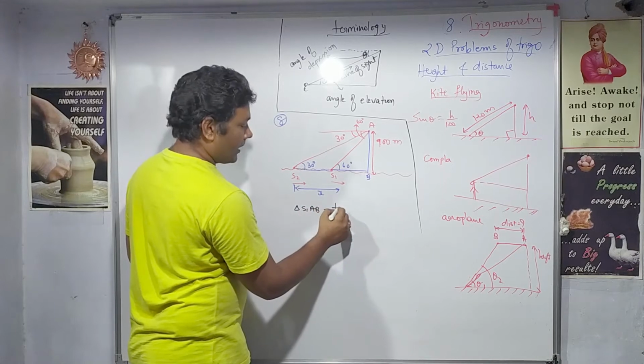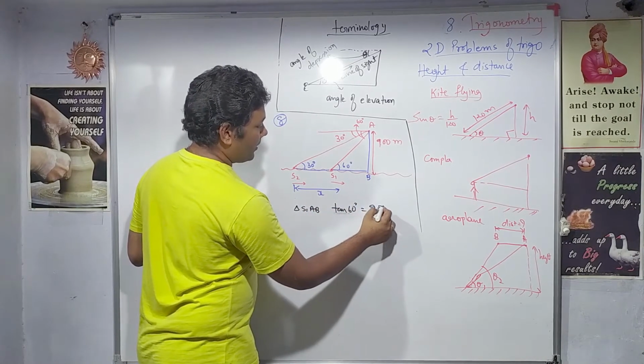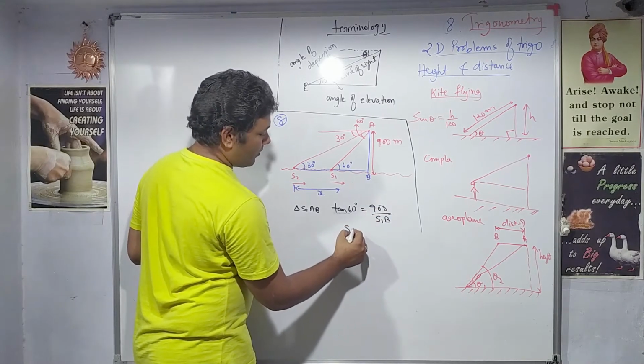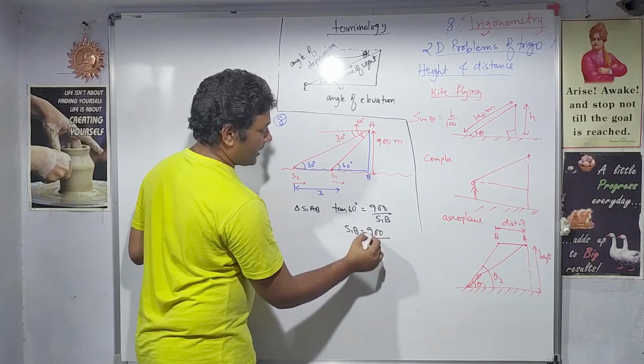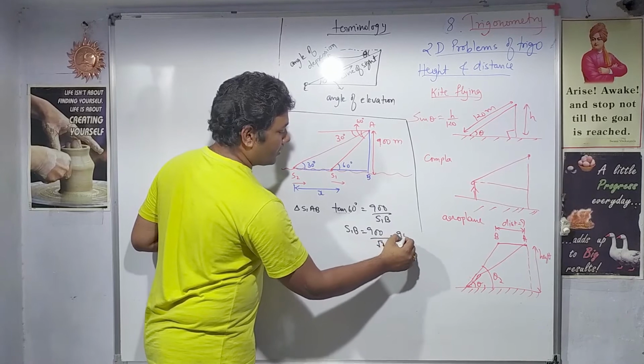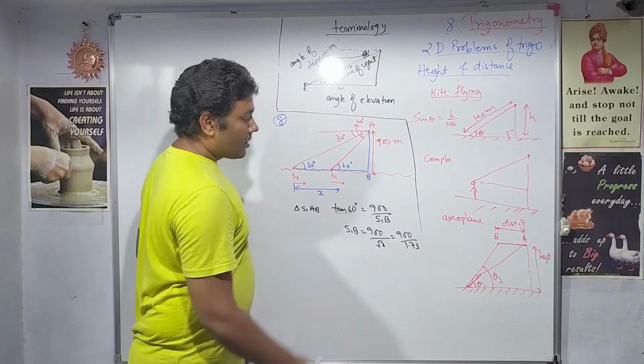S1AB. Again tan 60 will do all the work. Tan 60 is perpendicular upon base. So the value of S1B will be 900 upon tan 60, and the value of tan 60 is root 3. The value of root 3 is 1.73. So this division we need to do.